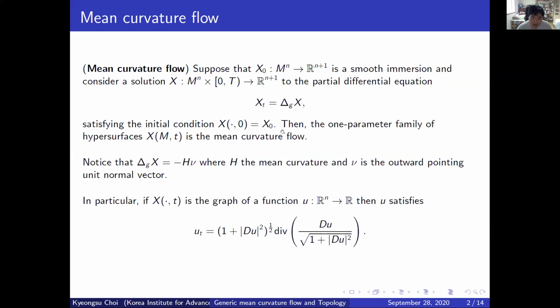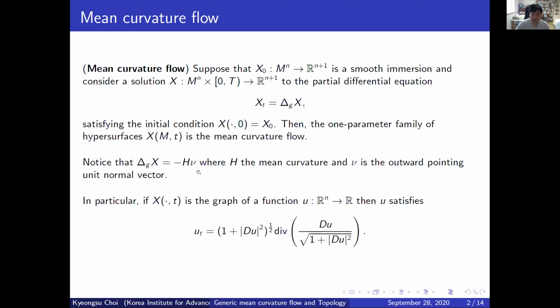Then we can consider the family of the images, which is the evolution of the hypersurface, and we call this a mean curvature flow. The reason we call this a mean curvature flow is that the Laplacian of the position vector x is negative H times nu, where nu is the outward pointing normal.